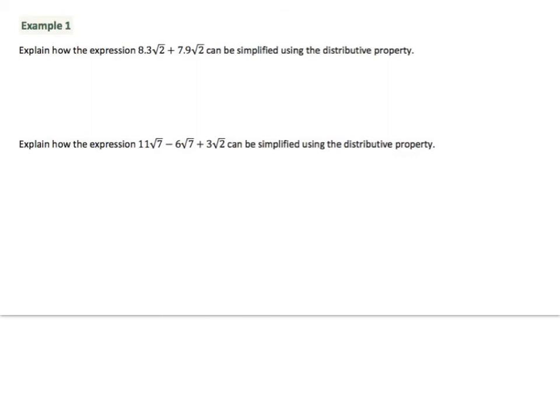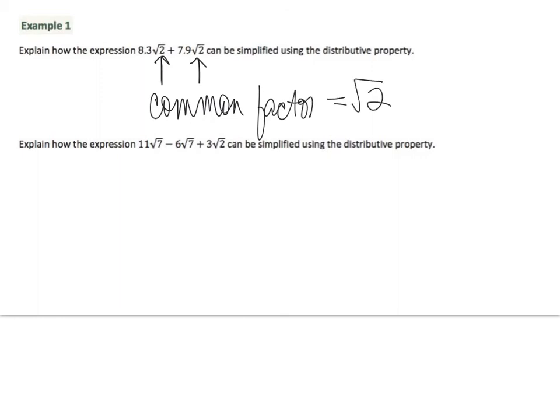Okay, explain how the expression 8.3 square roots of 2 plus 7.9 square roots of 2 can be simplified using the distributive property. Basically, each term of the expression has a common factor. My common factor is the square root of 2. Because of that, the distributive property can be applied.